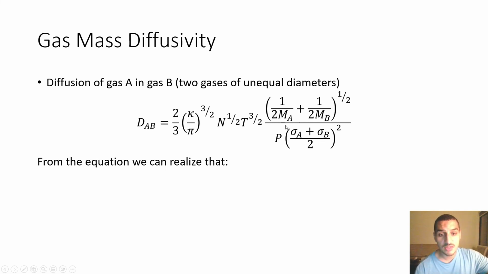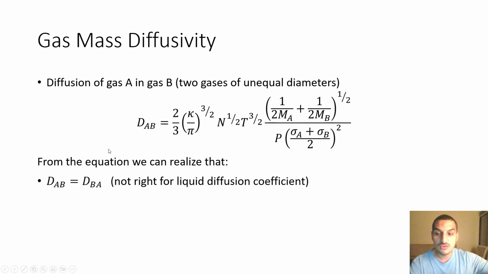The same for sigma A and sigma B. The rest of the terms do not take into account any of the parameters related to the diffusing species or the solvent medium. This means that the diffusivity of A in B equals the diffusivity of B in A. And this is not right for liquids or for solids. It's only valid for gases.